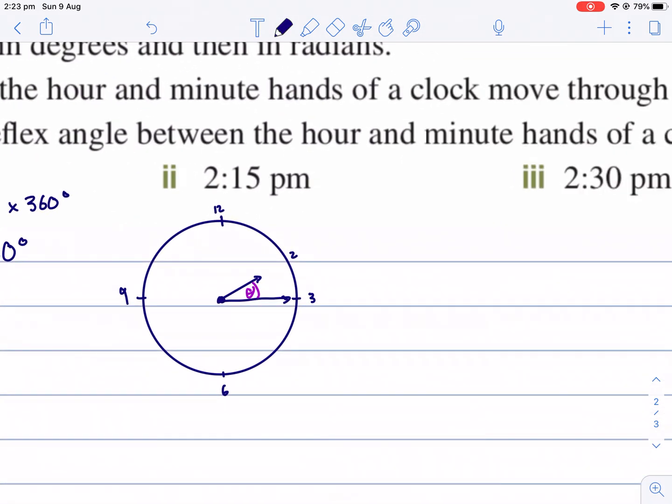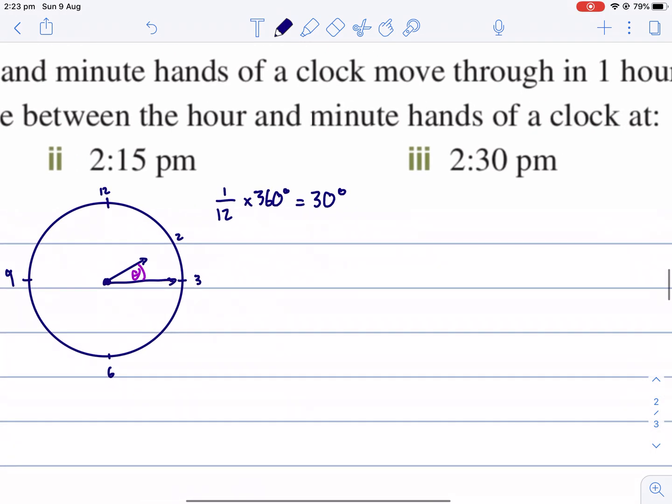I'm of course assuming that the actual hour hand is not moving, which it does, but that's going to make it way too complicated, which is one of the reasons I don't like this question. So we've got 1/12 of the way around 360 degrees in between them. So that's 30 degrees.